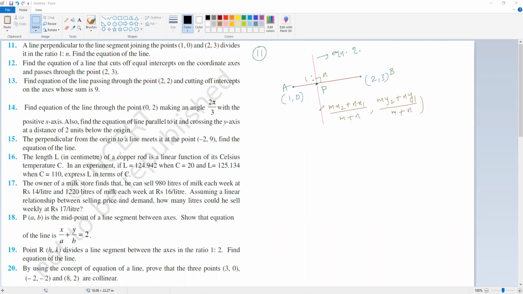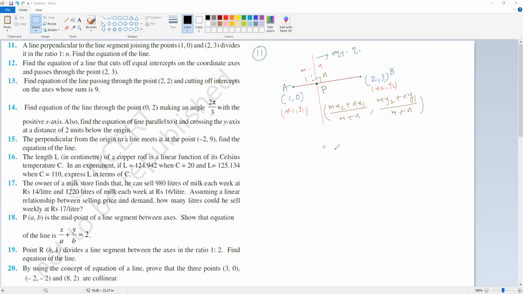This is the section formula to find the coordinates of the point which divides the line segment in the ratio m is to n. This is your x1, y1. This is your x2, y2.